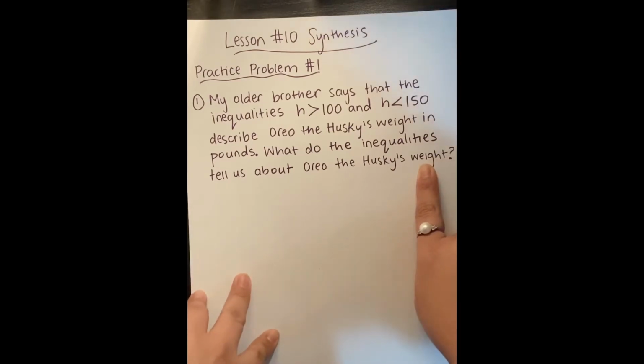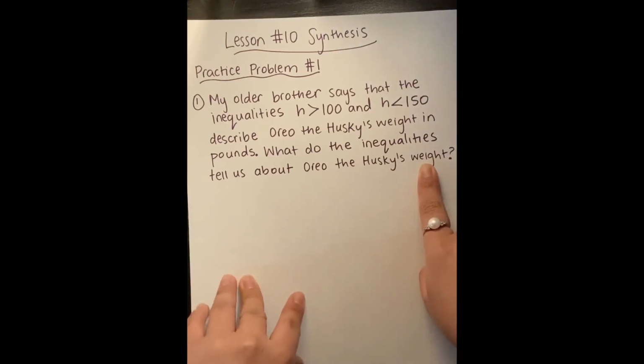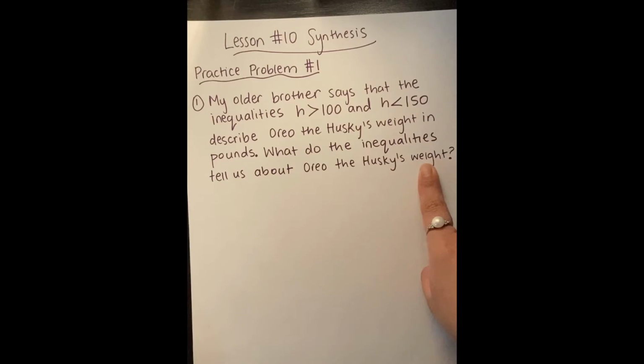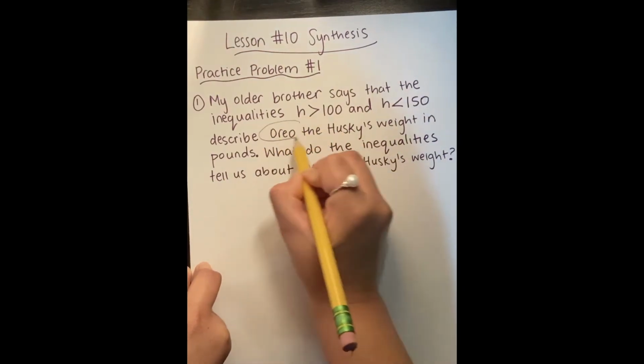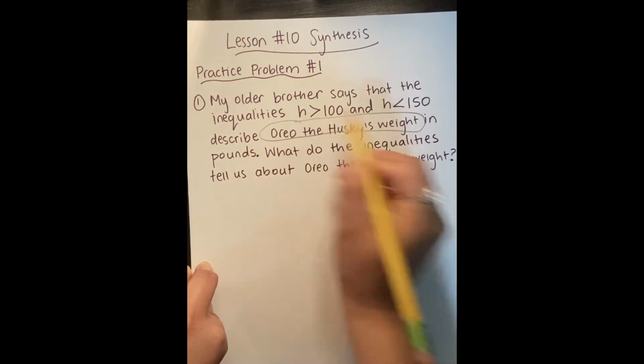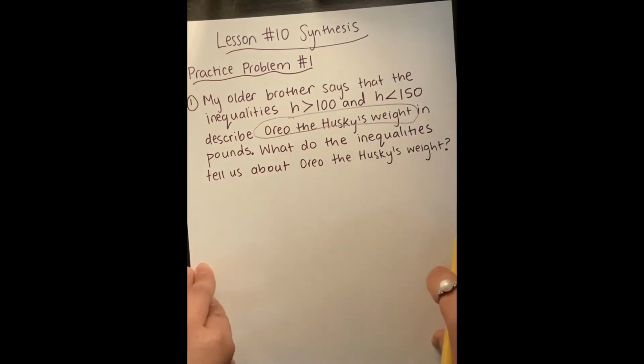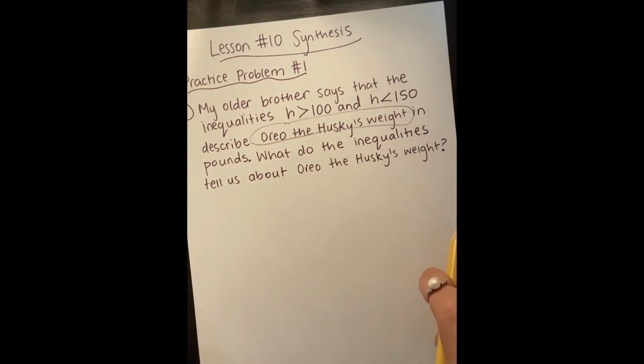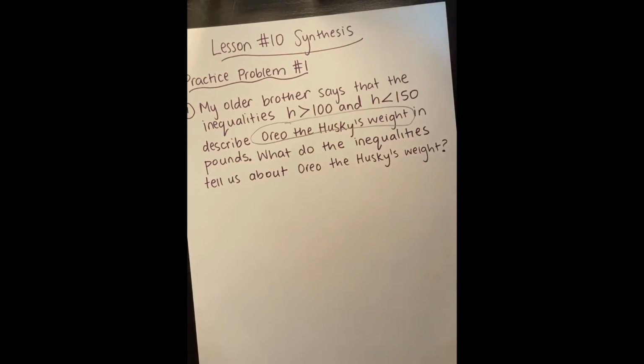So, the first thing I'm asking myself after reading this is, what is this problem about? Oh, it's about dogs. More specifically, we are talking about Oreo the Husky's weight. I'm going to go ahead and circle that. And what is my second question that I should be asking myself is, what is the question asking me to do or find?